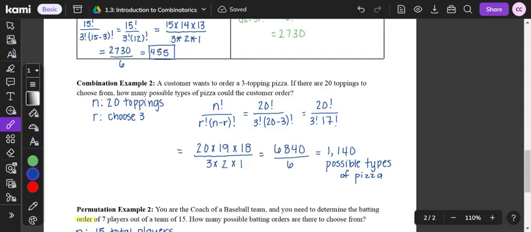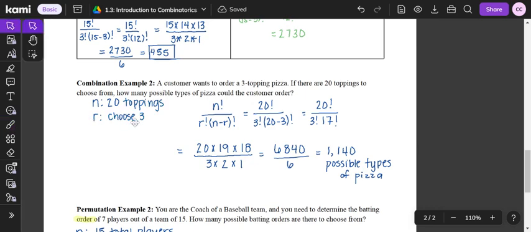All right, so if for the combination example, you said that your N was 20 total toppings for the pizza, and you are choosing 3 of them, you should have done the formula and gotten 1,140 possible types of pizza.